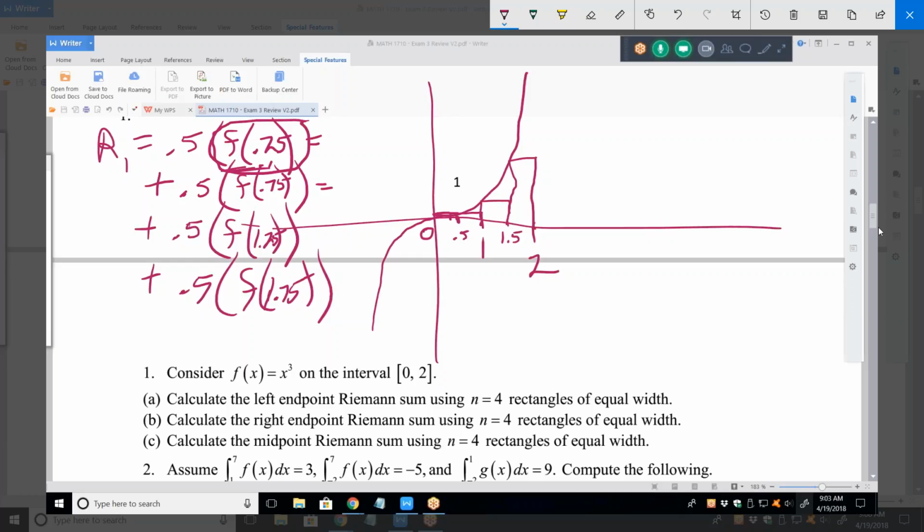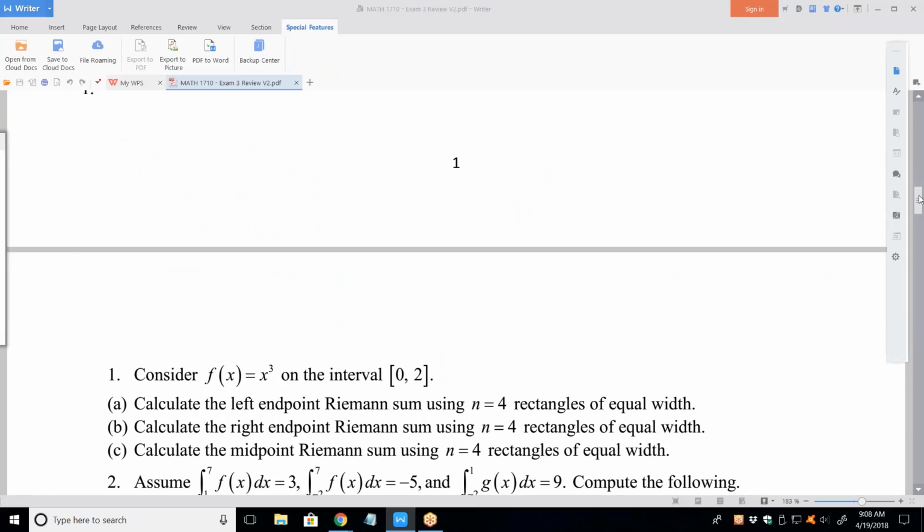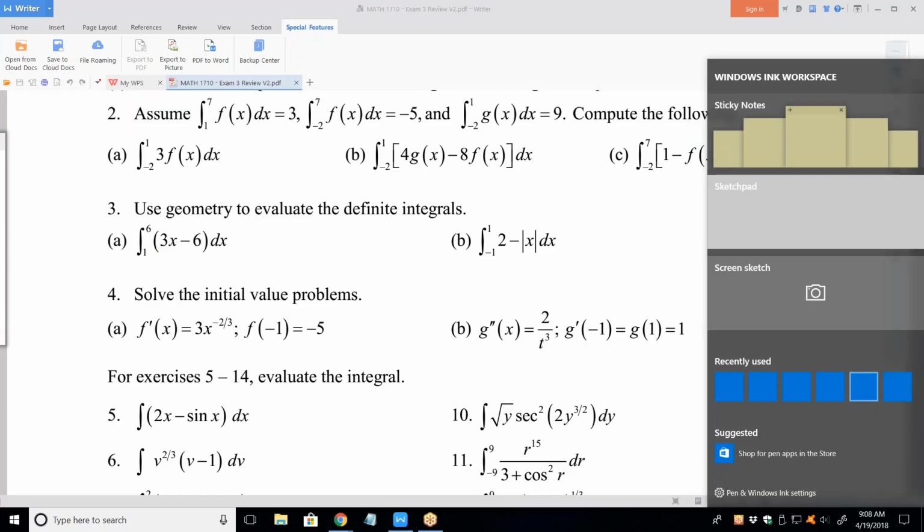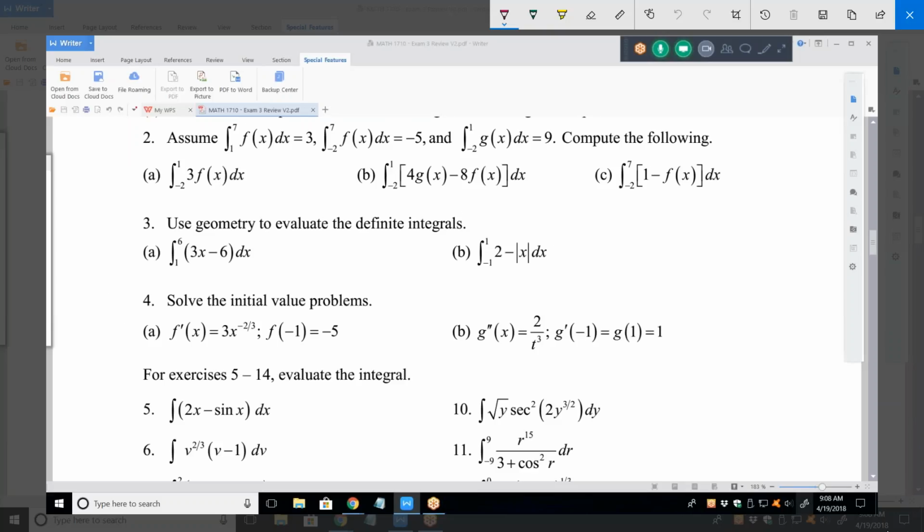All right, can we go to number 2? Yep. First of all, what's one thing we can do here? Can you pull the 3 out from the front?